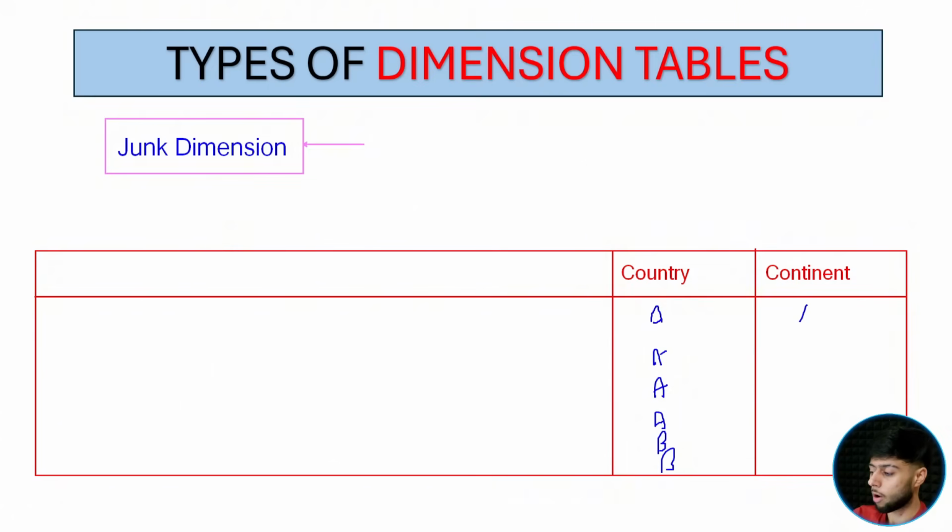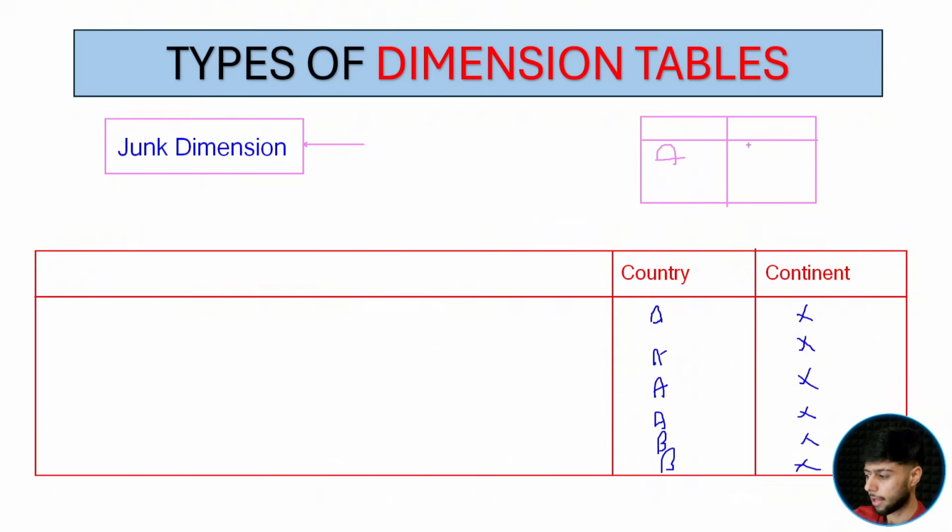Let's say my continent values are X, X, X, X, X, X. So in this particular scenario, if I create a dimension, how many records will I have? Only two records. Obviously, it will look like this: A, X, B, X. That's it.